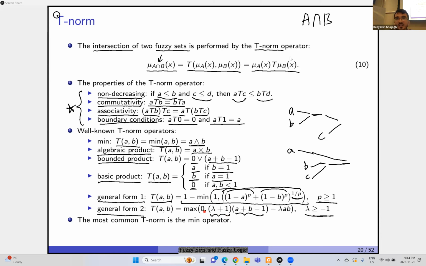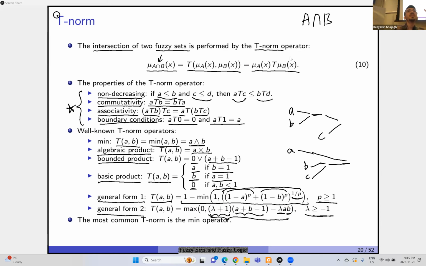So something greater than 0 times something between 0 and 1 minus something greater than 0. A and B are both between 0 and 1. So A times B is between 0 and 1. The whole thing might become negative. So the whole thing may become negative. So we maximum it with 0. Right?